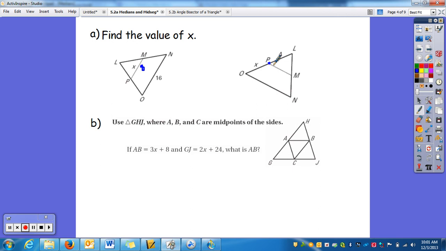So if this length is 4, this is congruent to that, because this is your midpoint. So this is also 4. Alright. So on B, use triangle GHJ, where A, B, and C are the midpoints, which means these two lengths are the same. And then the same thing down here.